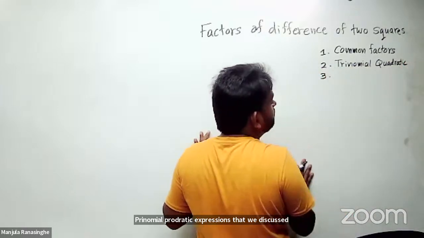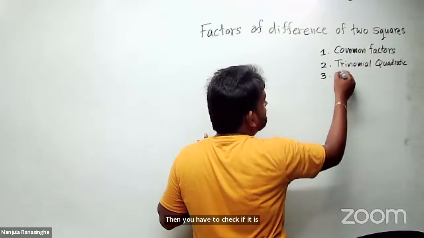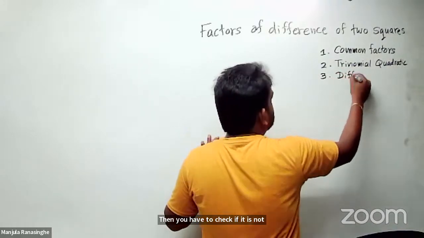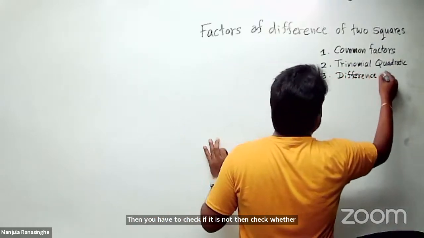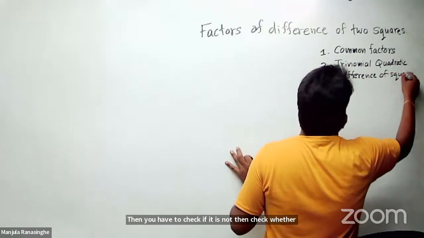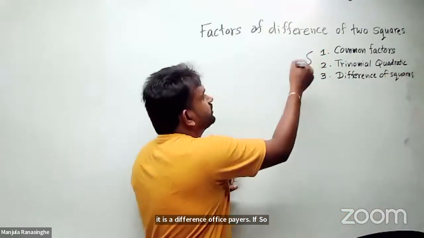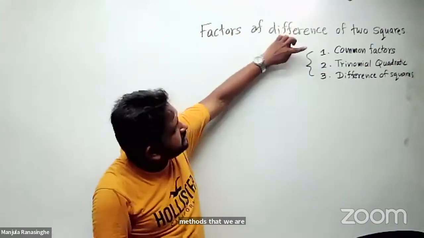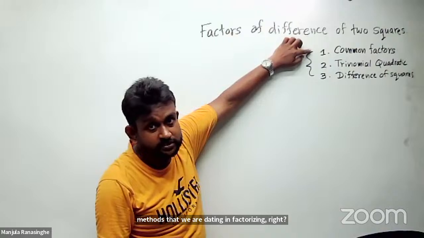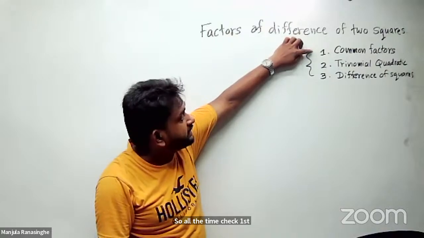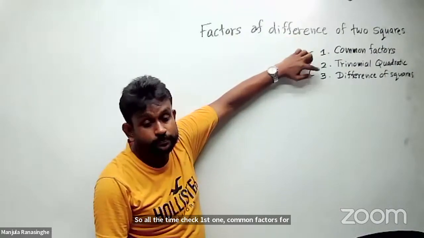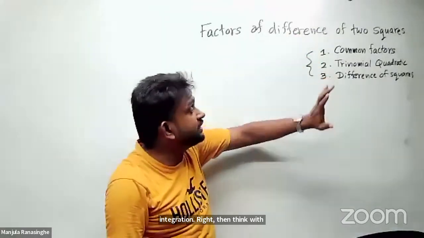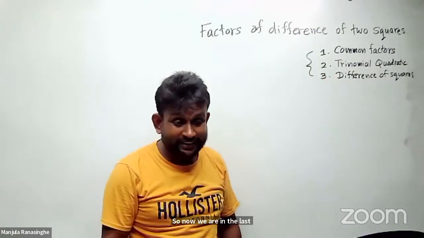If it is not, then check whether it is a difference of squares. So these are the three methods that we deal with in factorizing. All the time check first for common factors in any expression. Then think with these two. So now we are at the last one, difference of two squares.